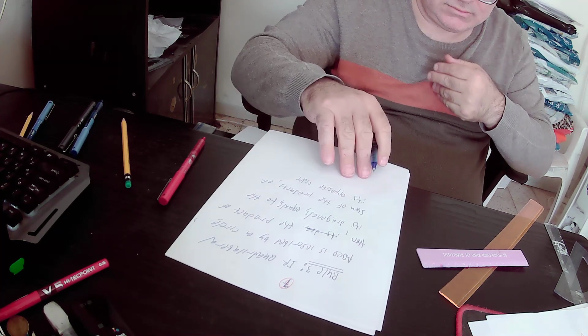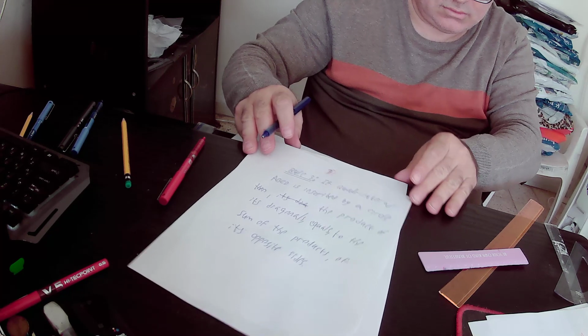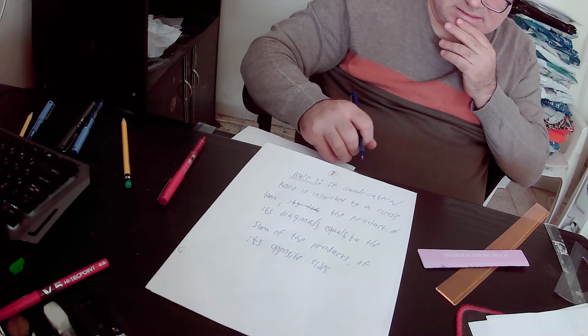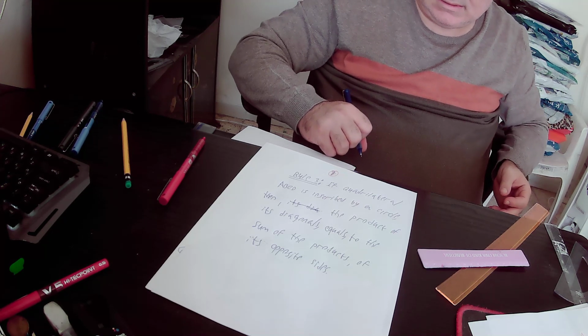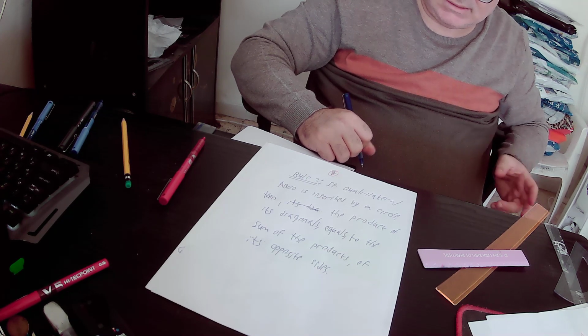So I will read rule number 3 again. Rule number 3 states that if quadrilateral ABCD is described by a circle, then the product of its diagonals equals to the sum of the products of its opposite sides.